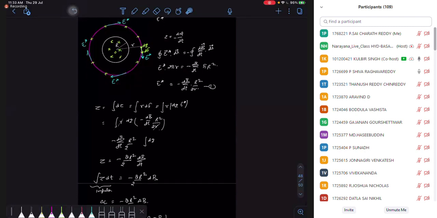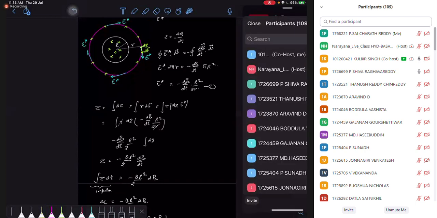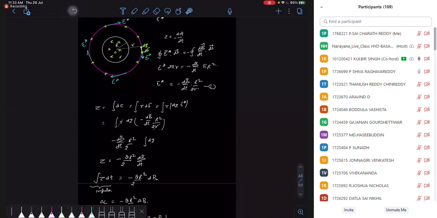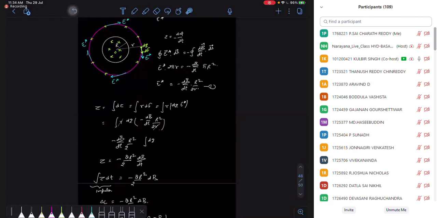The direction matters because my derivative, dB by dt, could be given as a positive or negative derivative. So you can just change that in the B expression. That's it. Otherwise, it doesn't have much role.